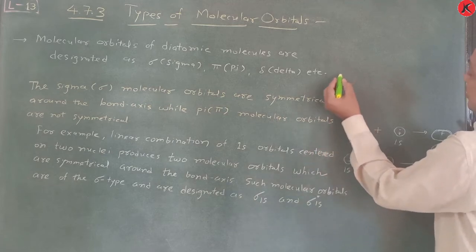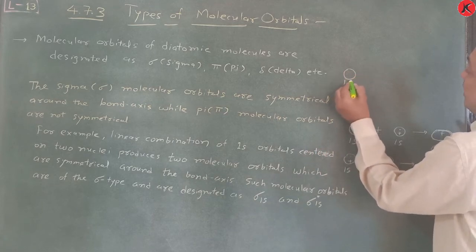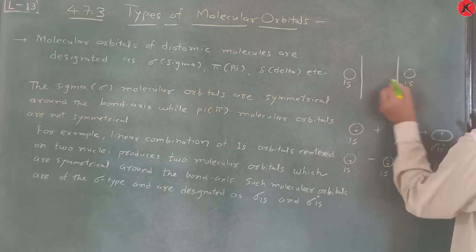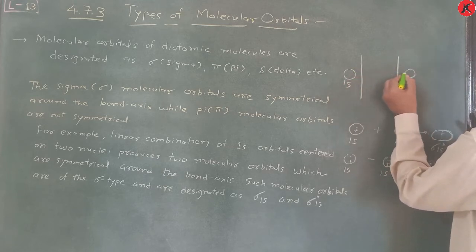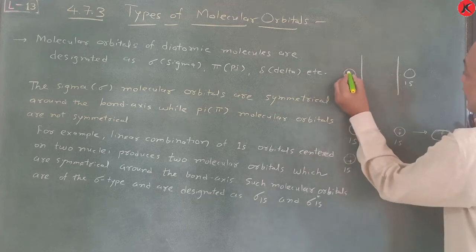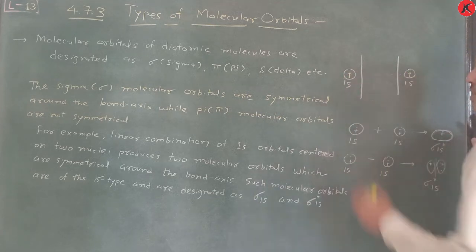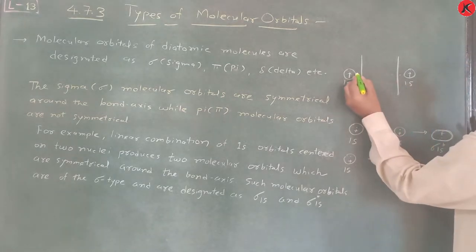Suppose we consider a 1s orbital here, and here also a 1s orbital, having the same energy according to the conditions. Each 1s orbital contains one electron, and the spin remains the same.